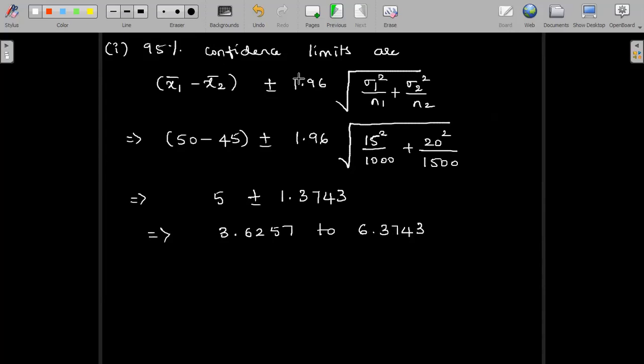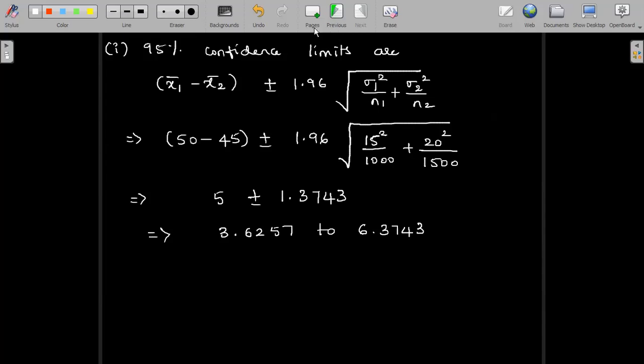So 95% confidence limits are from 3.6257 to 6.3743. So in percentage, if you have to calculate, you can multiply by 100. It is approximately 36% and 63%. So like that we can evaluate.